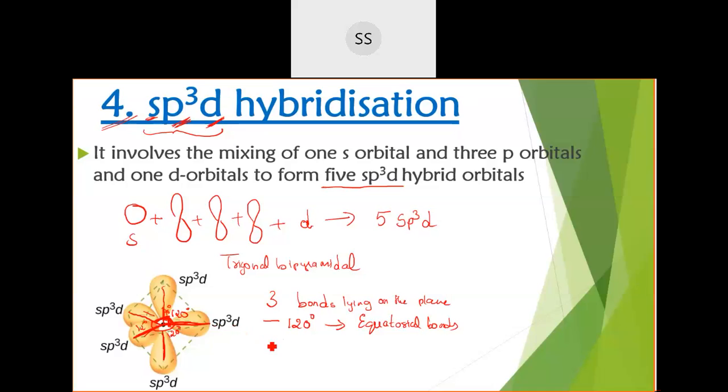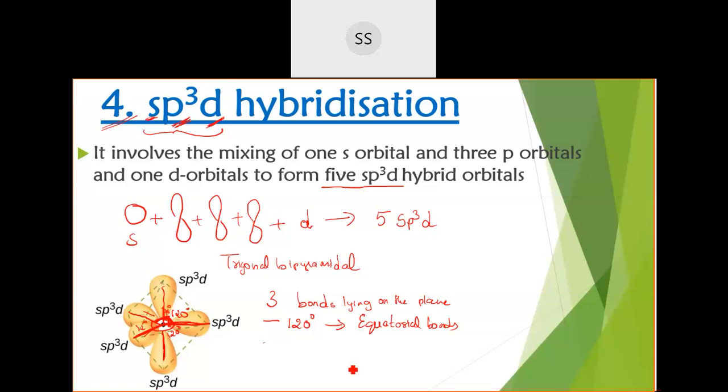The remaining two bonds, one is lying above the plane and one is lying below the plane, are making an angle of 90 degree each. And these bonds are called axial bonds.